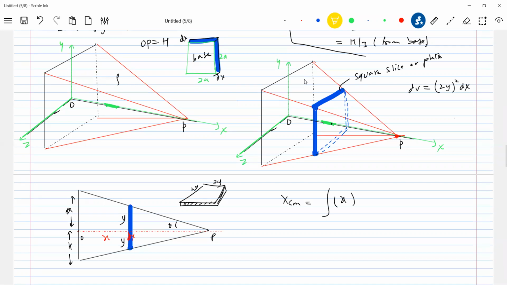Now there's a bracket, this is very important. At what distance the center of the square plate will be from the origin? At a distance x, according to this one. So into dm, integral of dm.